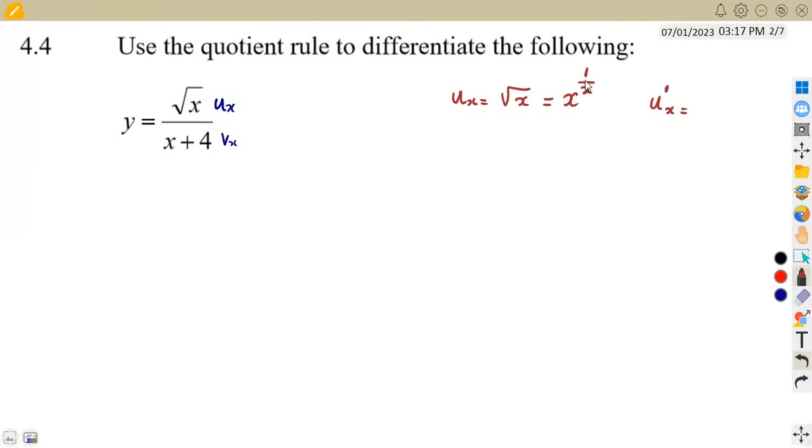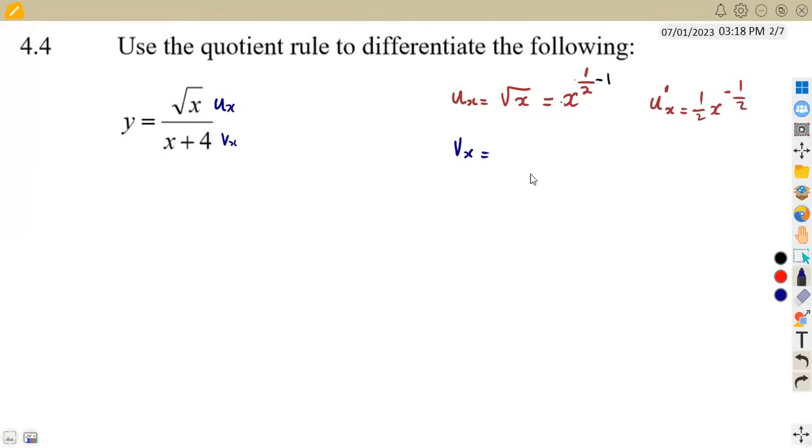Remember, this is from our general rule where we multiply by the exponent, which is a half, then we subtract 1 from the exponent. Don't forget this part, the first law of your derivative. So this is going to give us negative a half if we subtract 1. All right, so that is from u(x) in this case. We do the same thing on our v(x), which is x plus 4. So we are going to have our v(x) in this case, which is our denominator.